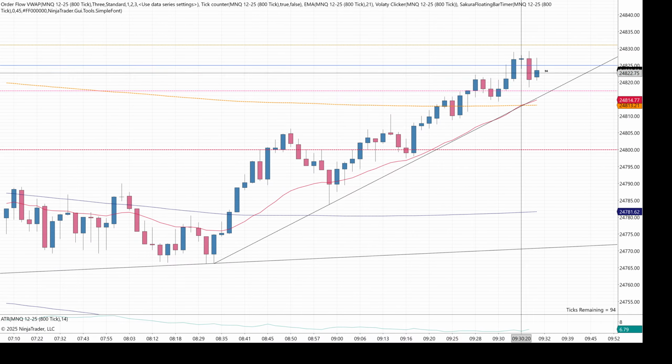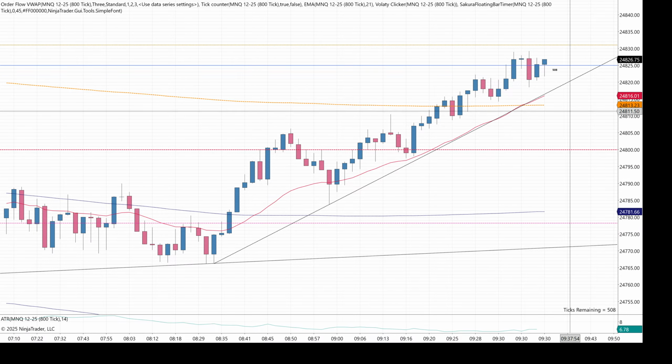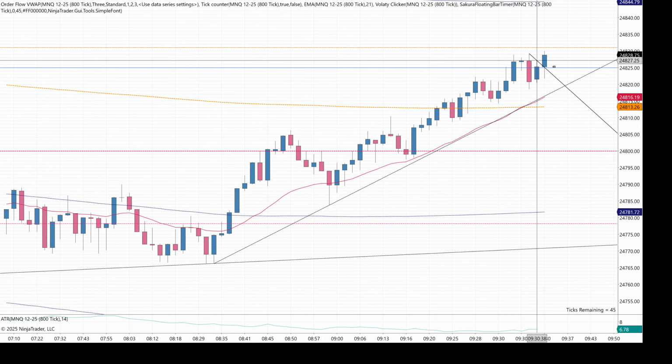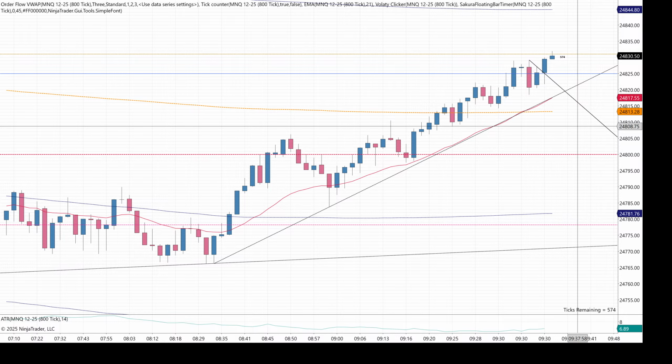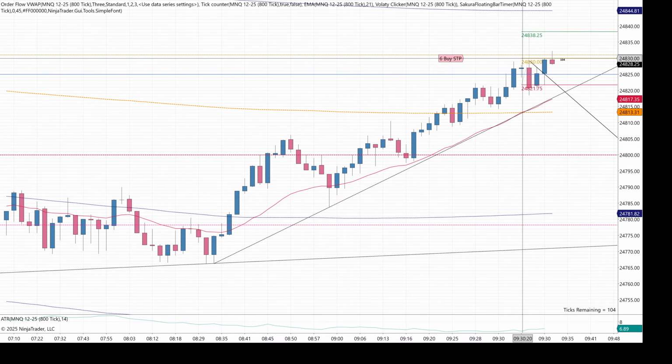All right, the runner was taken out right here with this candle. So let's get this out of the way. We're gonna wait for our next setup. All right, this is actually our next setup here.